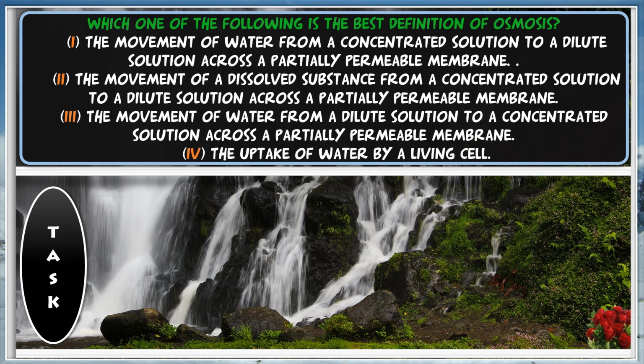The movement of dissolved substances from a concentrated solution to a dilute solution across a partially permeable membrane. 3. The movement of water from a dilute solution to a concentrated solution across a partially permeable membrane. And 4. The uptake of water by a living cell.